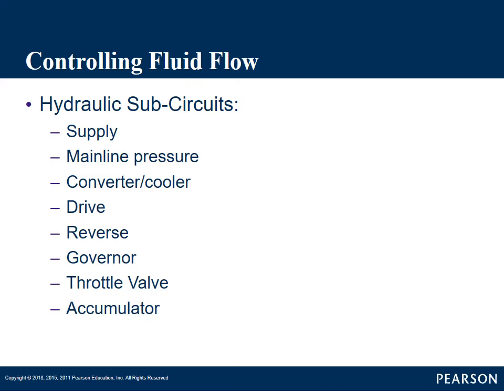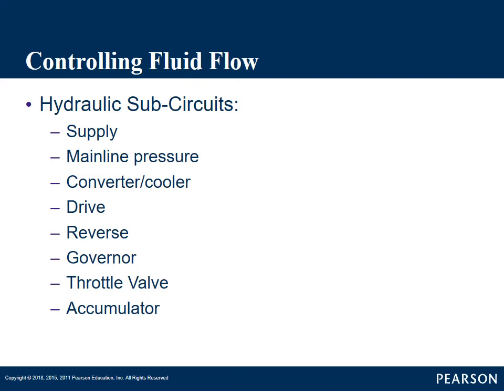That is the circuit where it goes out in our lines through our cooler. First it goes to the converter, then our lines to our cooler, back to our transmission where it lubricates our bushings and our planetary gear sets, and then back to the pan.